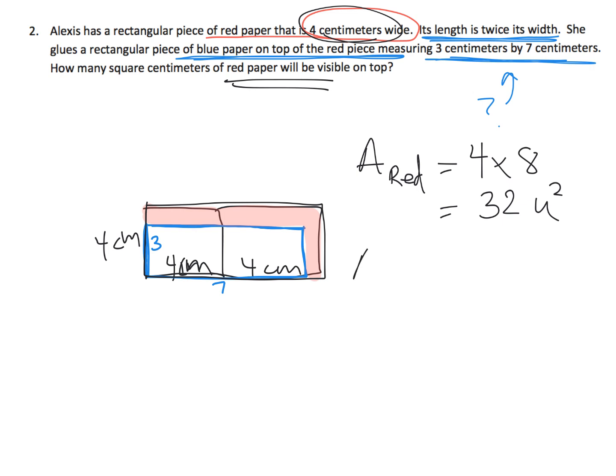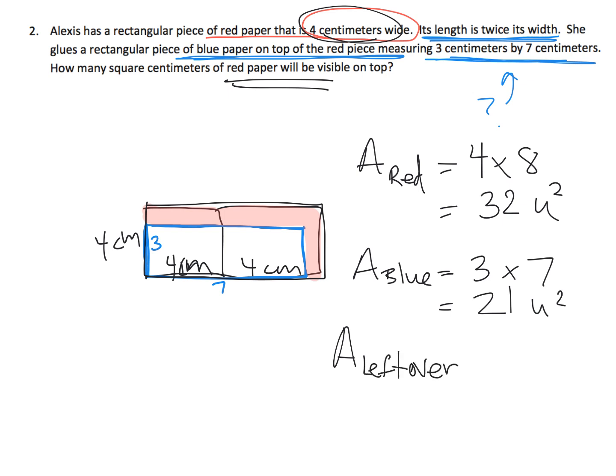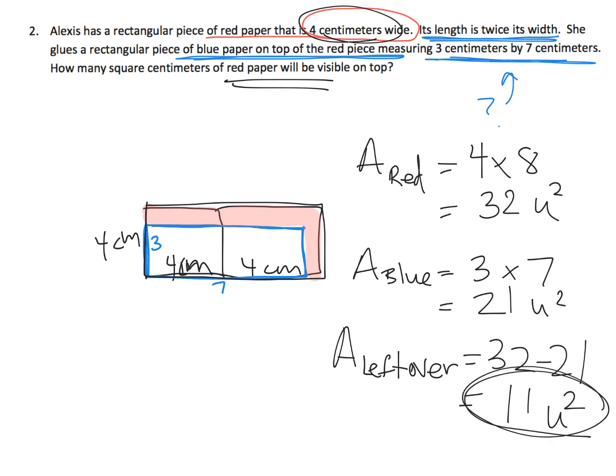And then the area of the blue is 3 times 7, which is 21 units squared. And so the area of the leftover is going to be 32 minus 21, which is 11 units squared. All right, so that's one way we could get the answer.